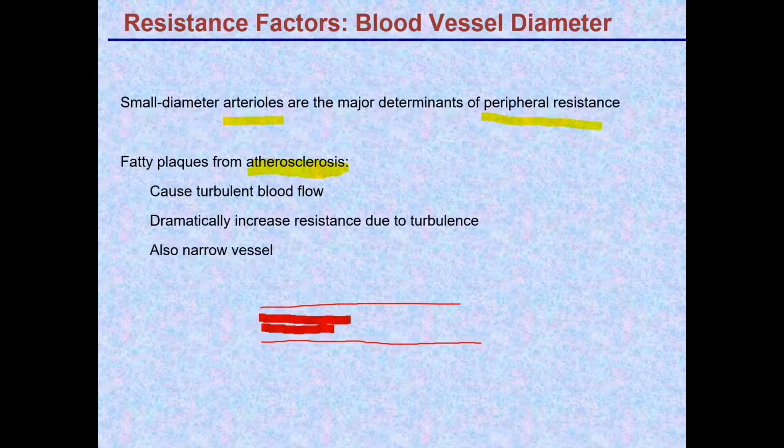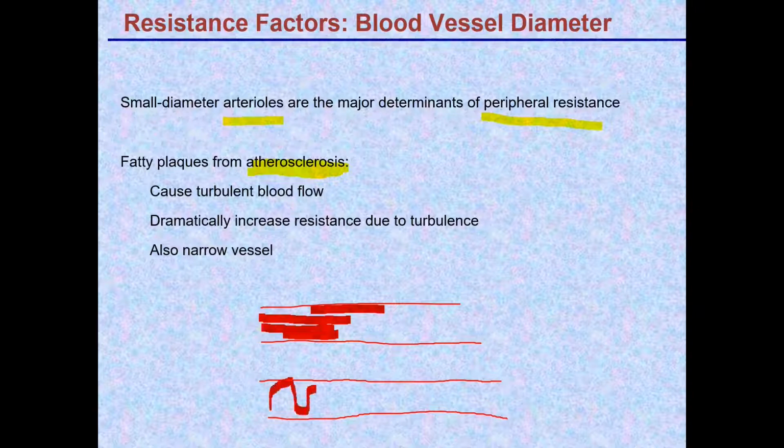It's flowing in smooth layers through the blood vessel, but with deposits along the side or any partial obstruction, what you get is turbulent flow, so that it's not smooth anymore, and that turbulence can cause dramatically increased resistance. And also, of course, the obstruction not only can increase the turbulence, but also cause an overall narrowing.